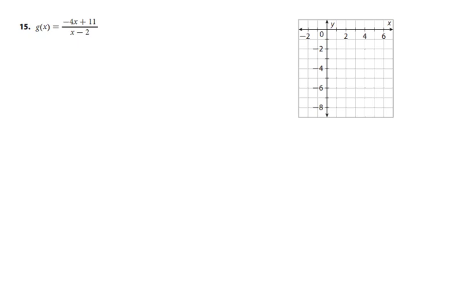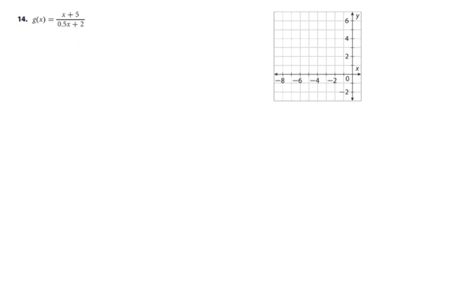Next on our problem, which is 15, I want to just show you here, we got this 0.5 here in the denominator. That's going to be a little bit of a complication. One thing we can do here is multiply both our numerator and denominator by 2.